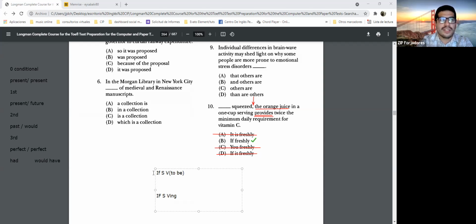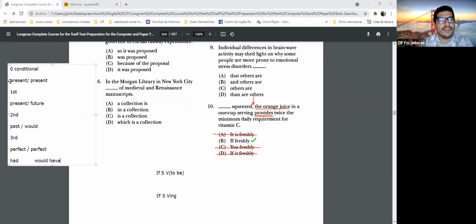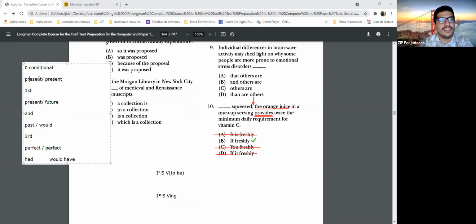Okay, and you said, well, it's conditional with present. Present in the conditional is just in the zero conditional and the first conditional. It cannot be the first conditional because the second part, the result, is not in future, it is in present.